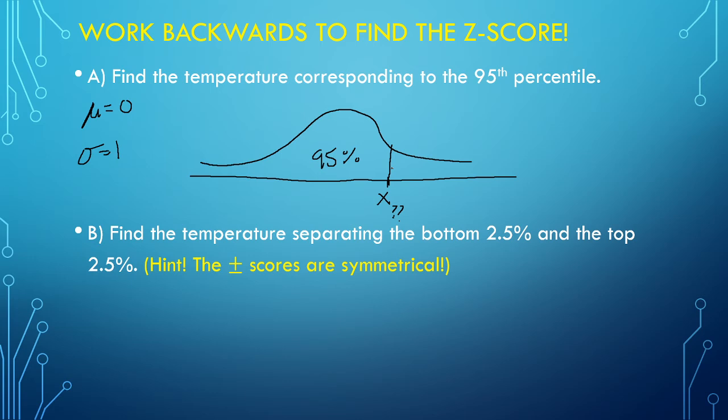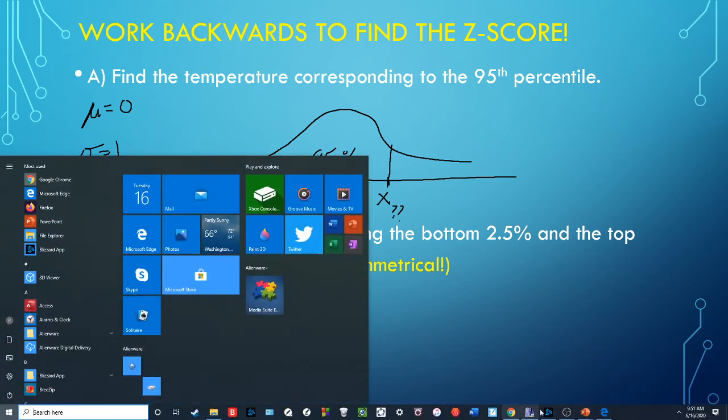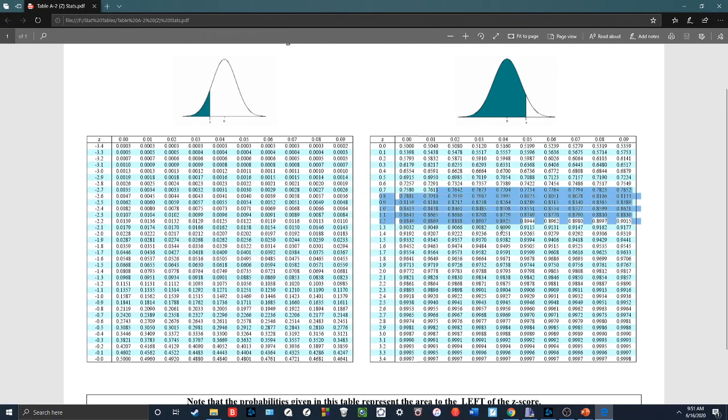Okay, well, this is a little bit of a strange question because, again, it's asking me to work backwards. It's not giving me a value to check the probability for. It's basically saying, here's the probability, find me my value. Okay, well, if it's in the 95th percentile, that means 95% of the area under the curve is below it. Well, hold on. This z-score table, these values in the middle here, that's basically the area under the curve.